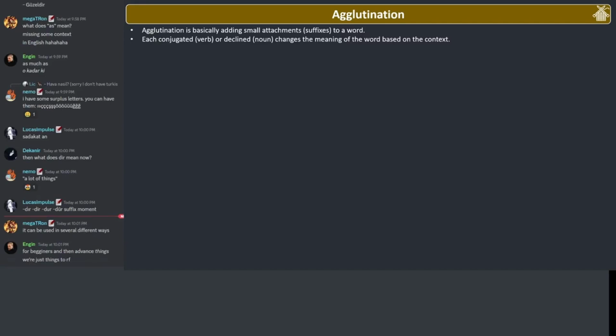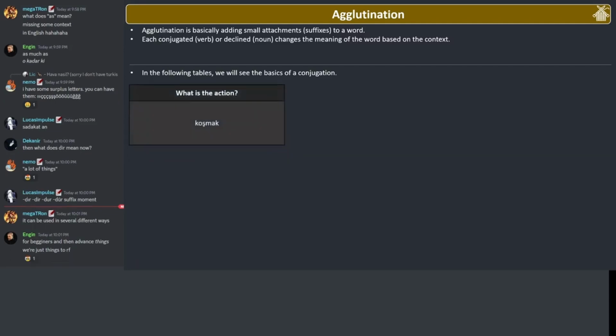Each conjugated verb or declined noun changes the meaning of the word based on the context. Now we will see how it changes. We will see a table of a conjugation from the very basics, step by step. First of all, you need to ask yourself, what is the action? What is happening?